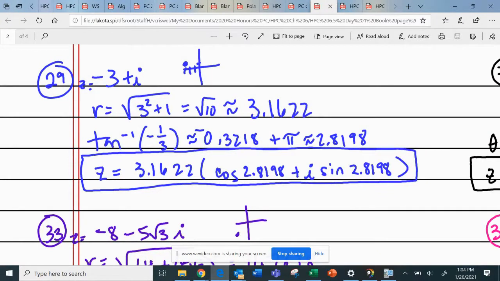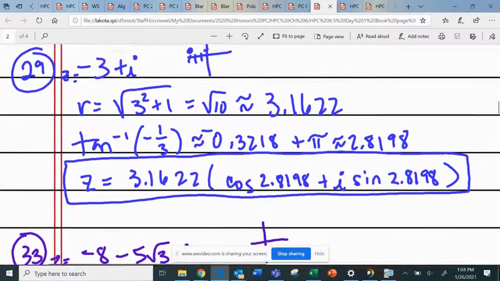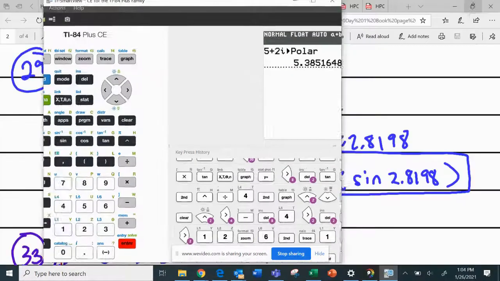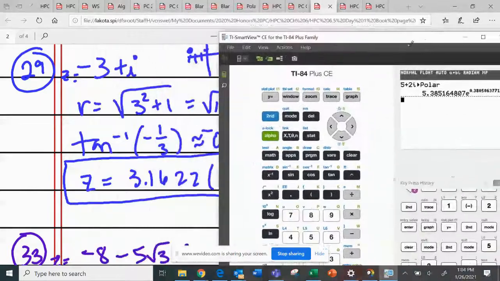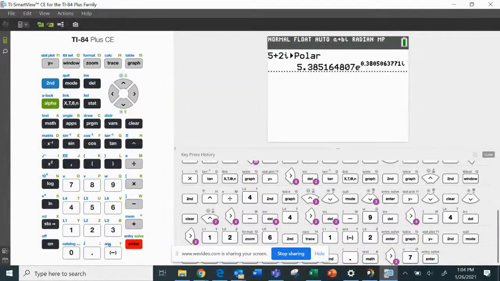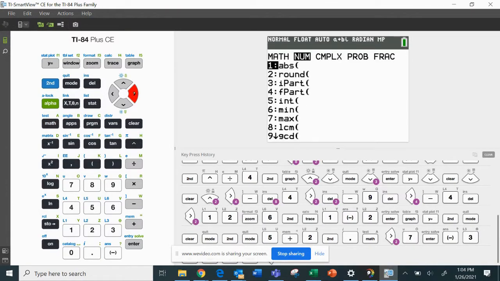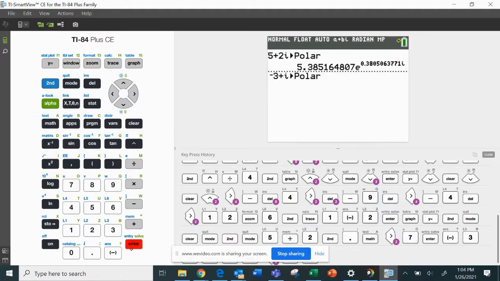The negative 3 plus i is the z value. You can see my answers. Negative 3 plus i is the z value. Trying to put this somewhere. Don't cover up everything, but negative 3 plus i, math, complex, polar, enter.